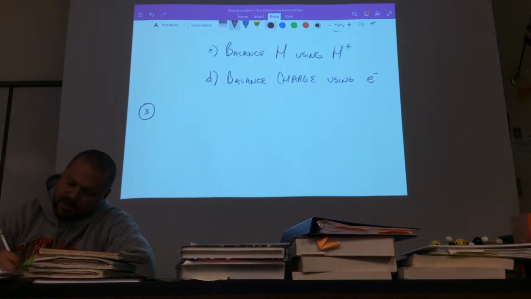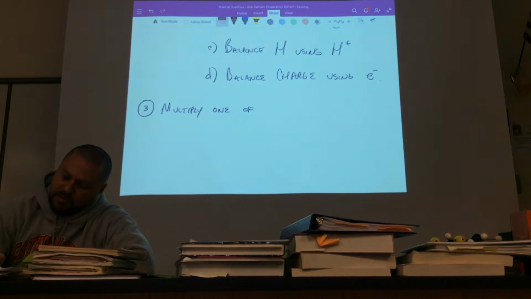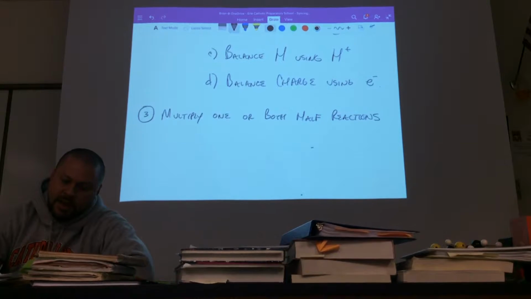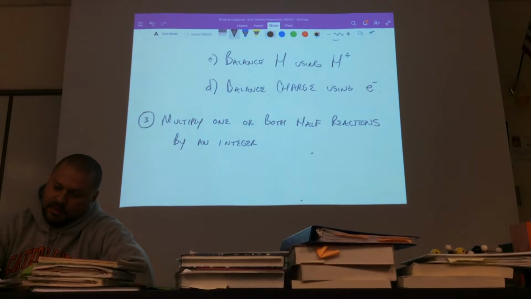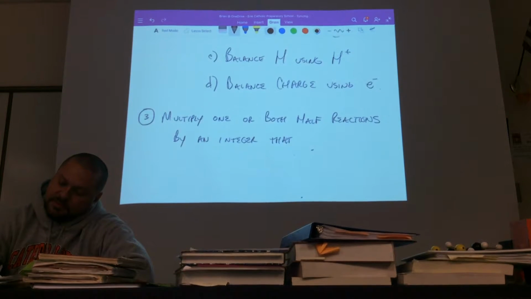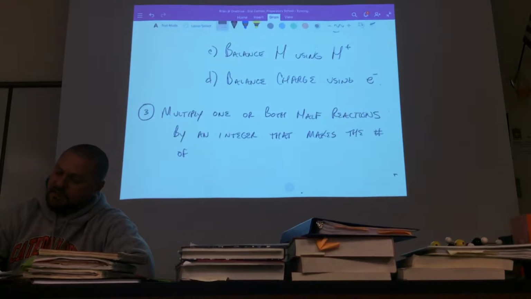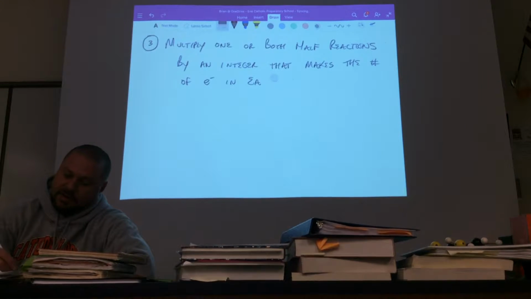So we're going to multiply one or both half reactions by an integer that makes the number of electrons in each half reaction equal.